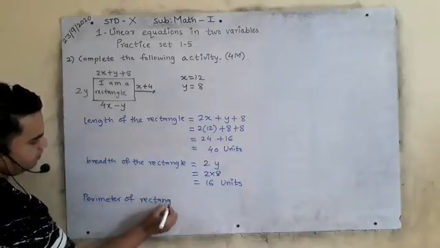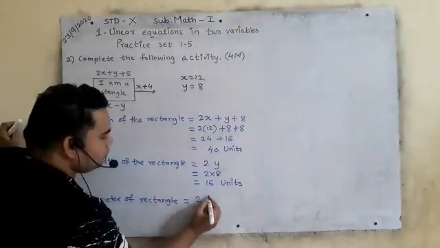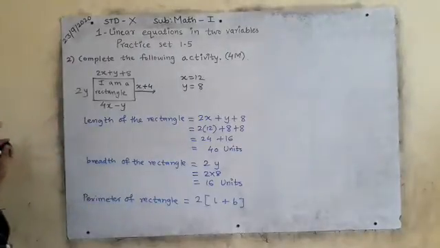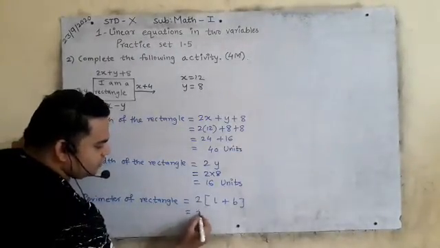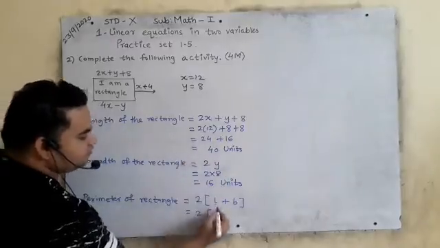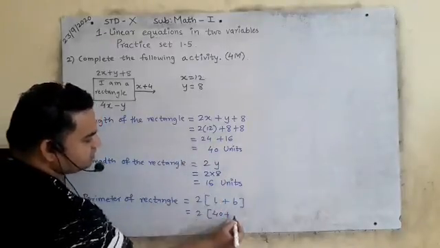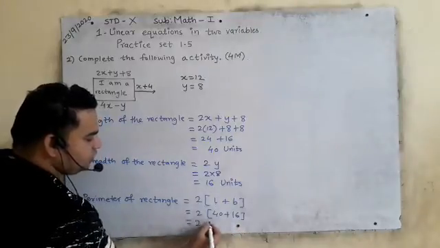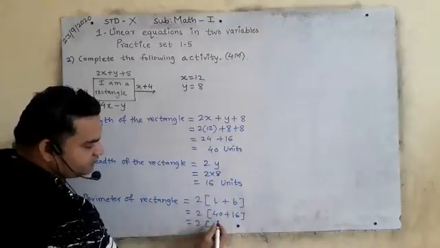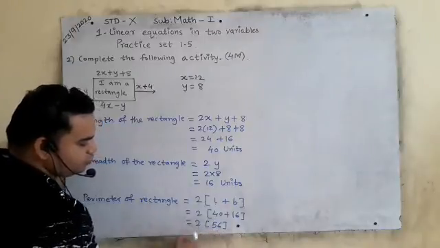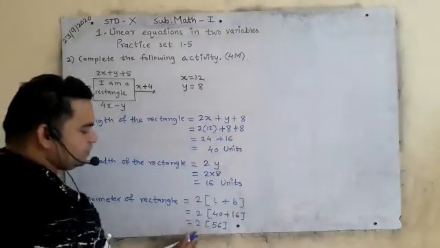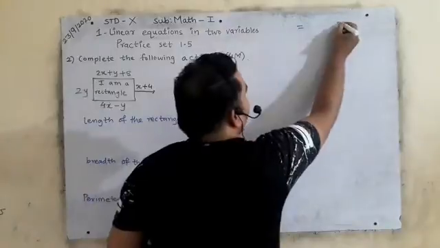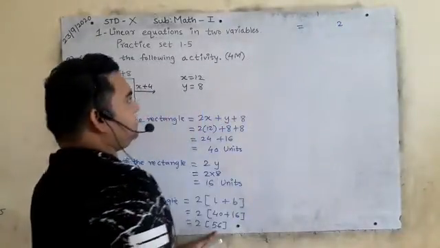Perimeter of a rectangle is equal to 2 multiplied by length plus breadth. So 2 as it is. How much is the length? 40. Plus breadth is how much? 16. So the addition of 40 and 16 is 56. So 2 multiplied by 56: 2 6s are 12, carry 1, 2 5s are 10 and 1, 11.